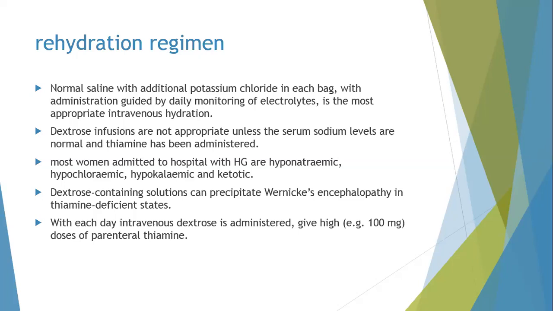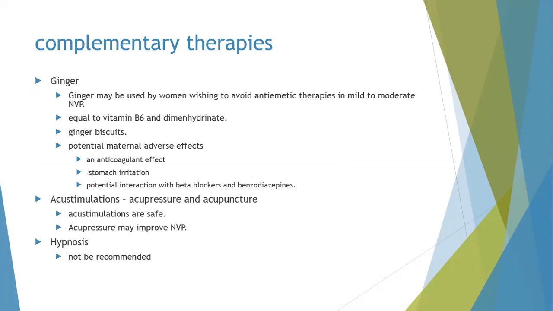The dose of thiamine is 100 milligram for each day of intravenous dextrose. Complementary therapies like ginger are the ones with the most studies behind them, and they recommend it. If she doesn't want an antiemetic, tell her to take ginger.